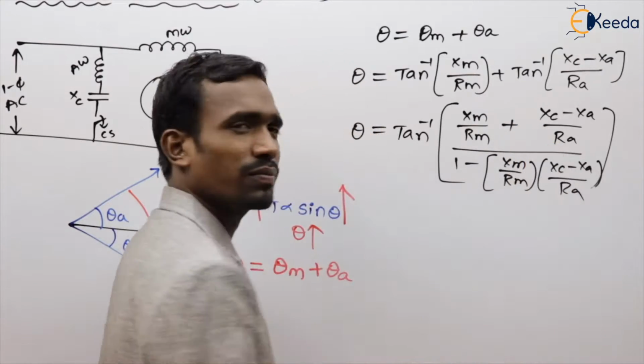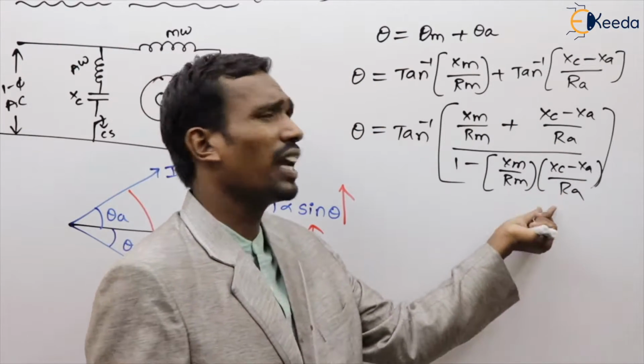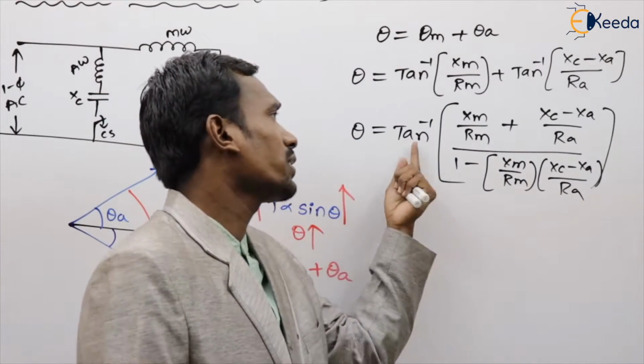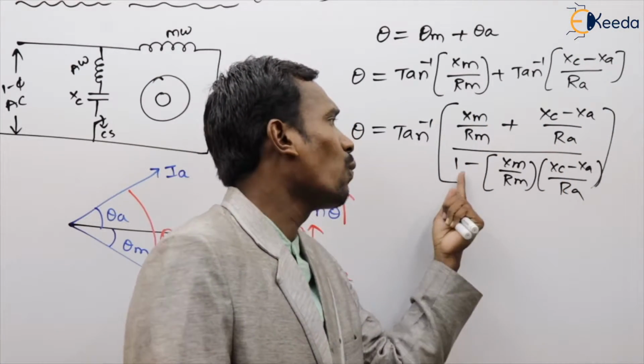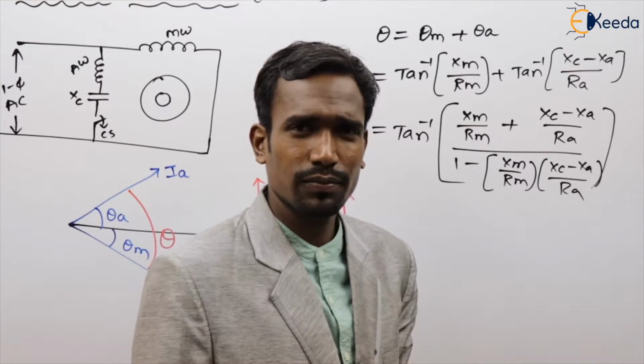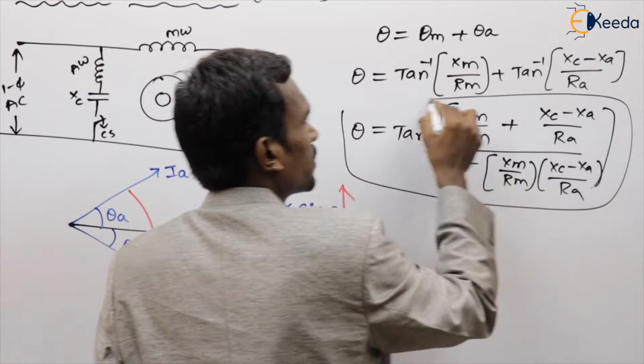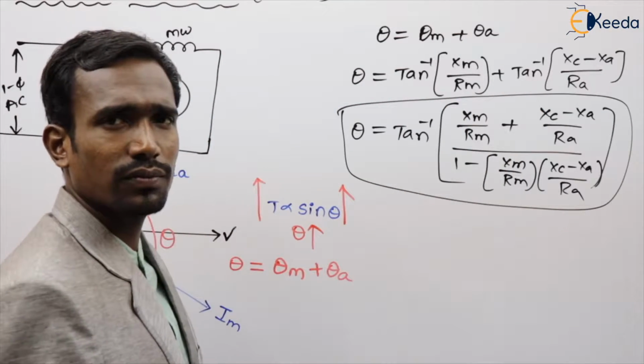Actually, this is plus. Now, this is the identity: tan A plus tan B is equal to tan (A plus B) by 1 minus AB. Finally, this is our theta.